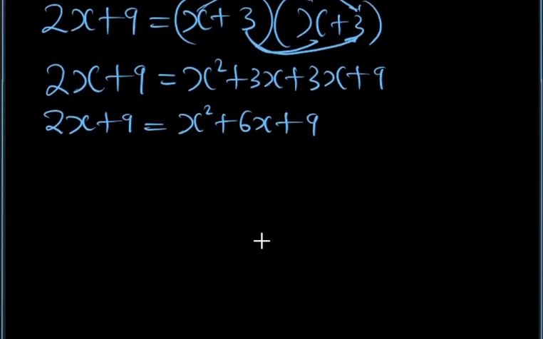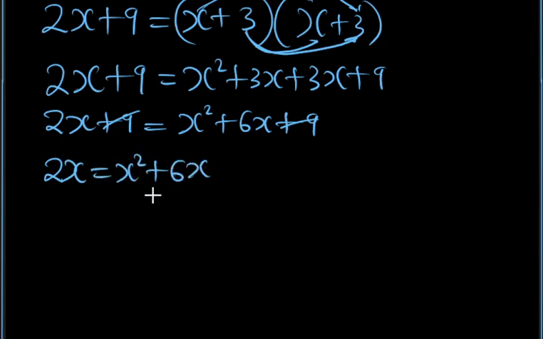So we can collect like terms here. This is 9, this is 9, we can cancel out, and this will remain 2x is equal to x squared plus 6x.